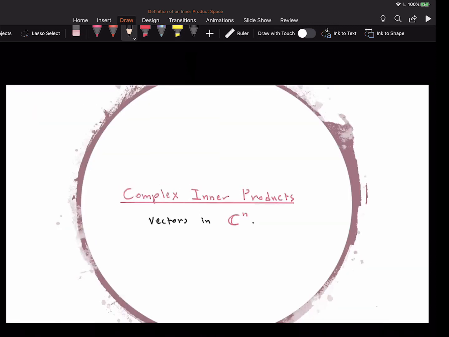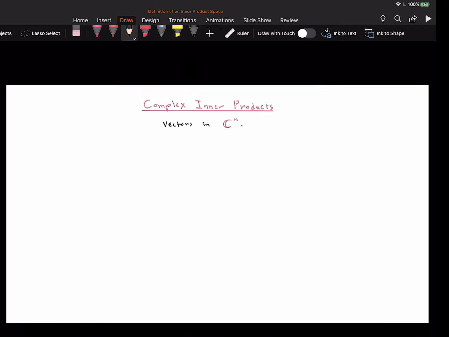Now let's move on to complex inner products, vectors in C^n. The components of vectors in C^n are complex numbers.